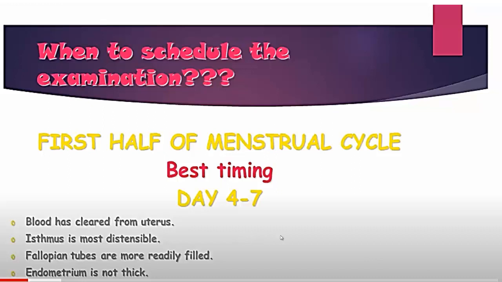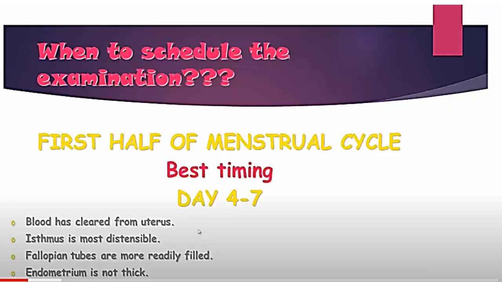But to me, this depends on the cycle of the female. If the female has a 28-day cycle, so the ovulation is about to occur at 14 days, we must do it one day after the end of menses.